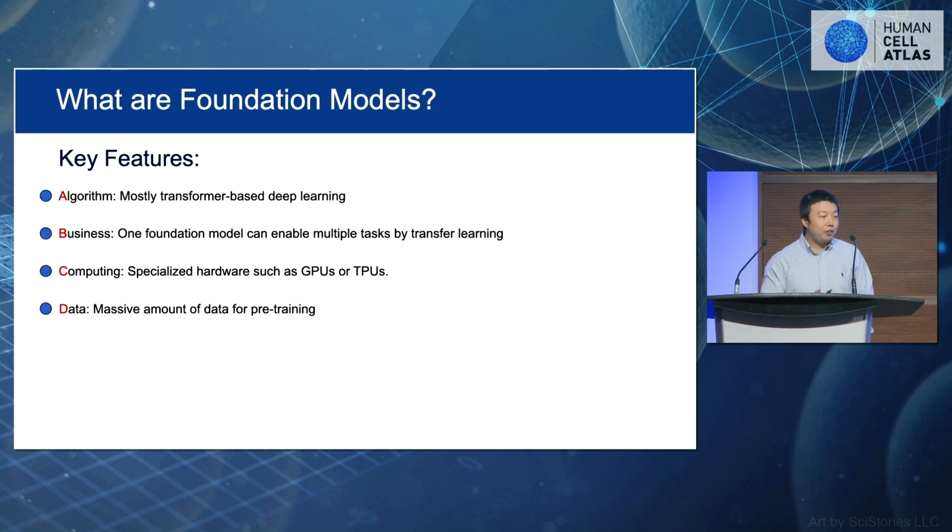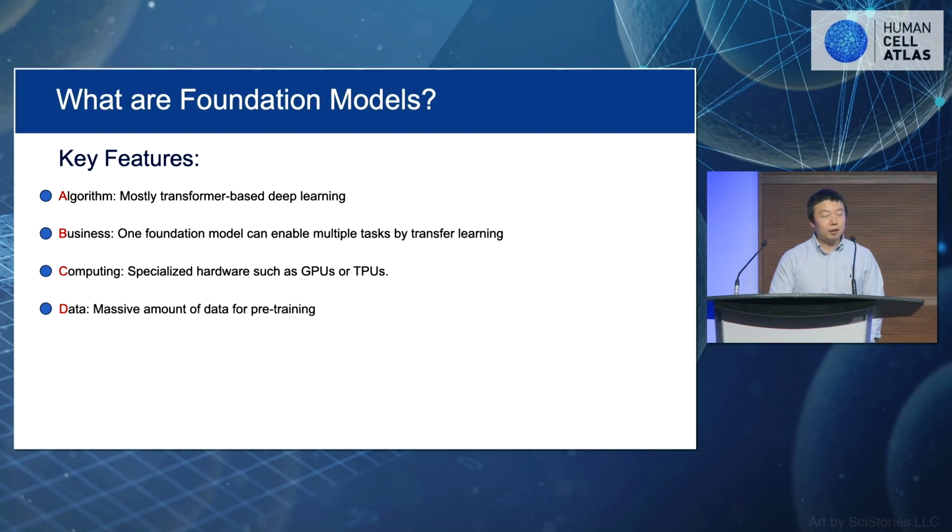So what are the key features of a foundation model? That paper has 200 pages, so, too long, didn't read. I summarize them as A, B, C, D for the key features of a good foundation model. A, algorithms. Most foundation models are based on transformers or the attention mechanism. B, business or applications.